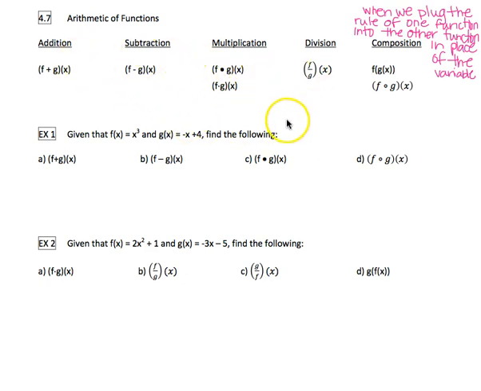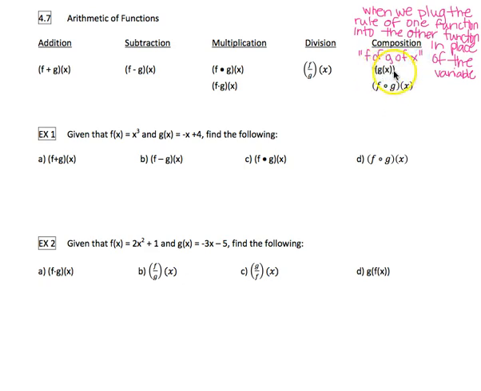Most of them just have one format that you're going to see the problems written, but multiplication and composition both have 2, so I want to make sure you recognize both of them. If they want you to do multiplication, sometimes they'll give you this big filled in circle in the middle, and sometimes they'll give you the little tiny multiplication dot. Both of these mean to multiply. With function composition, there's the nested notation, and we read this f of g of x.